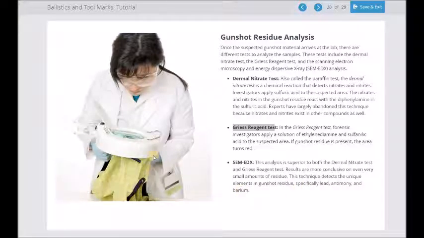And that gives an investigator, when they're presenting this to a jury, the ability to say that they ran this particular test, which is even more superior. A good defense lawyer can maybe argue with a dermal nitrate test or the Griess reagent test, but the SEM-EDX is a very accurate test that's hard to argue with.